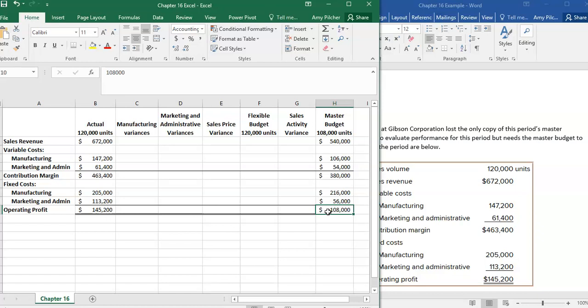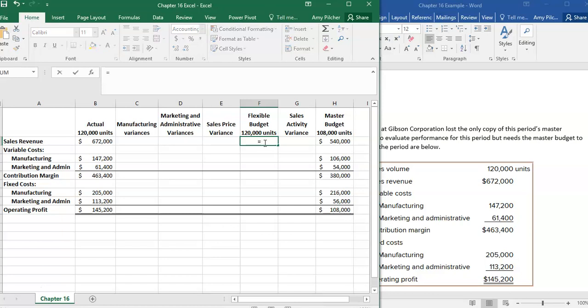The next thing we want to do is create a flexible budget. So what would our budget have been if we had actually planned for 120,000 units? Well, it already tells us we have a normal sales price of $5 per unit.